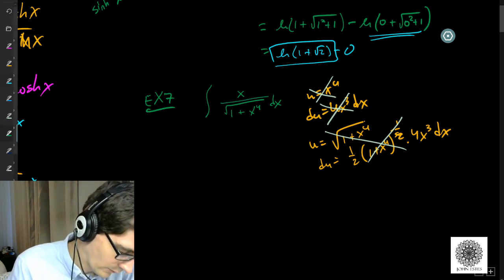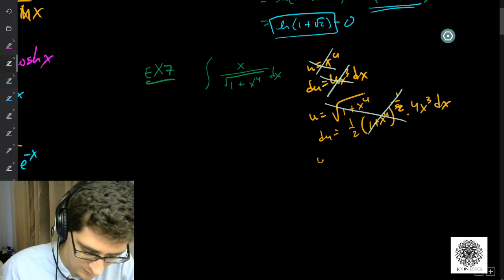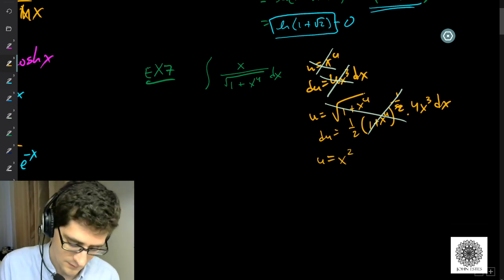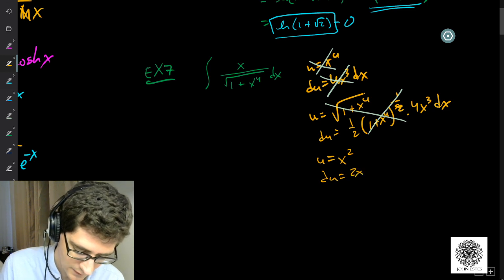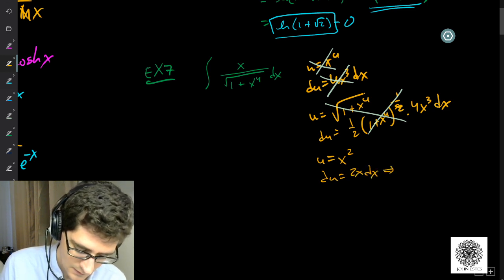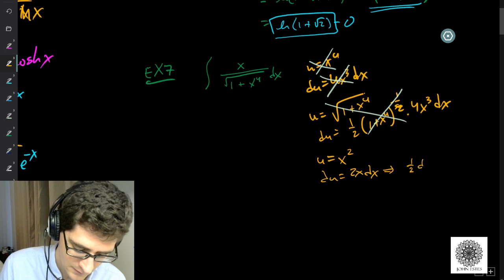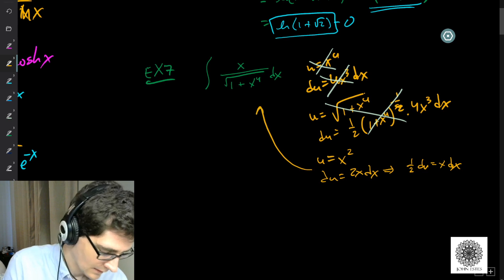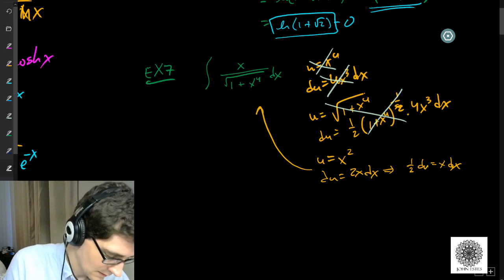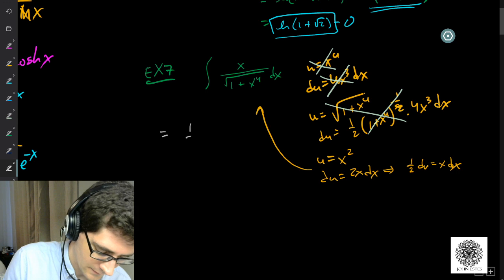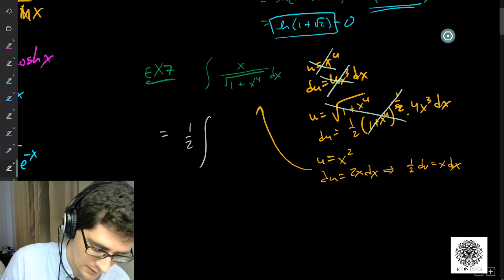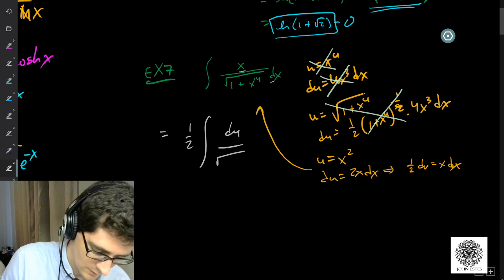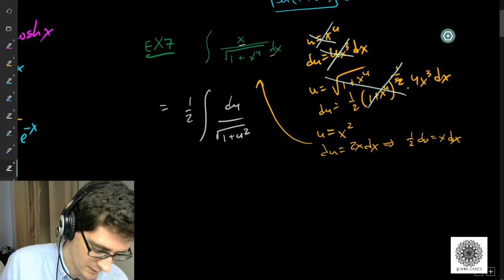Alright, so what we should try then, and really the only thing we can do, is let u be x squared. Now if I do that, the du is 2x dx, meaning that I have 1/2 du is x dx. I do have that. I can say then that this is the same as 1/2 the integral of x dx, which is my du, over the square root of 1 plus u squared.